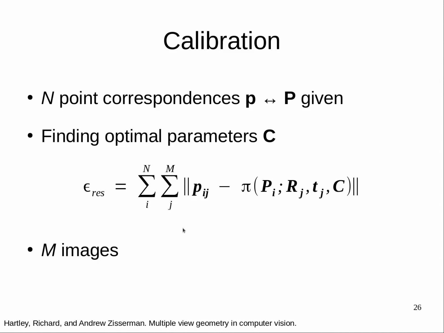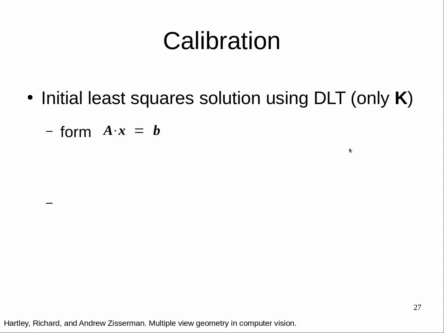So how do we actually minimize this sum? We do as follows. First, we only consider the intrinsic parameters k, assuming the lens distortion to be 0. And because k is just a matrix, we can obtain a linear least squares solution, like using the direct linear transform. If you want to learn more about this DLT thing, I refer you to this book.